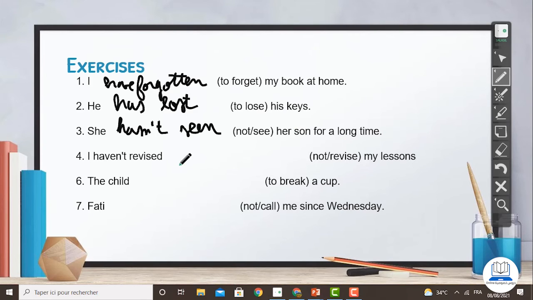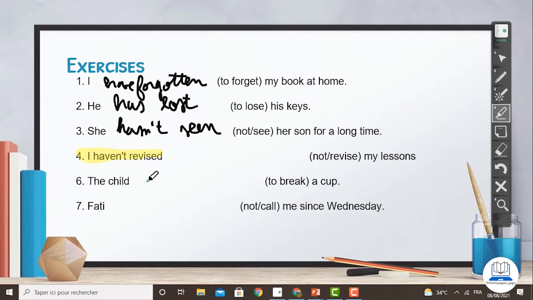I haven't revised it. So it is I haven't revised here. Have plus not is haven't, plus revised. The verb to revise is a regular verb, so it ends with ed.